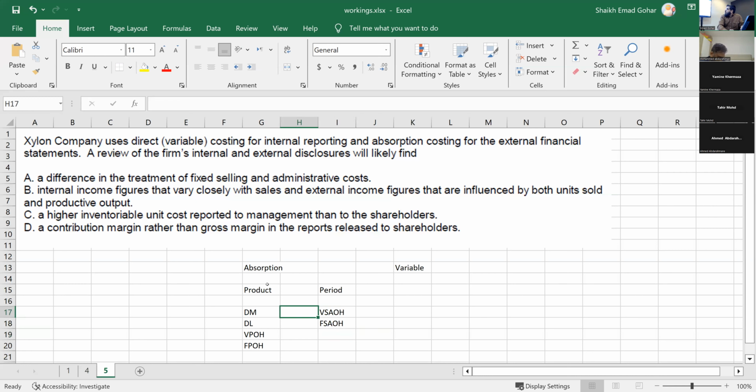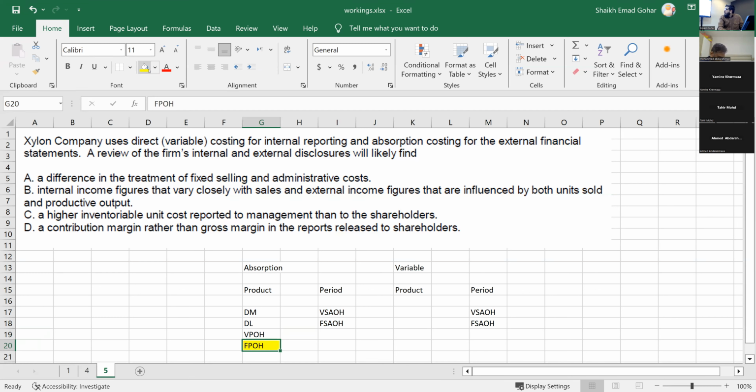I think in variable costing also fixed selling and admin is a period cost, right or not? These two you can copy paste on the other side. No difference. One difference is there only, and that difference is this one.